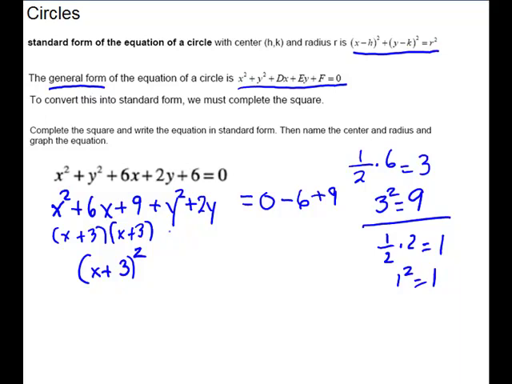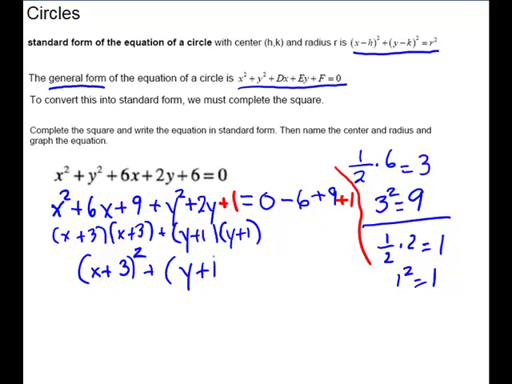So I'm going to add the 1. Now I can factor these, which is y plus 1 squared. And on this side, I have 10 minus 6 is 4. So now I am in standard form for the circle.